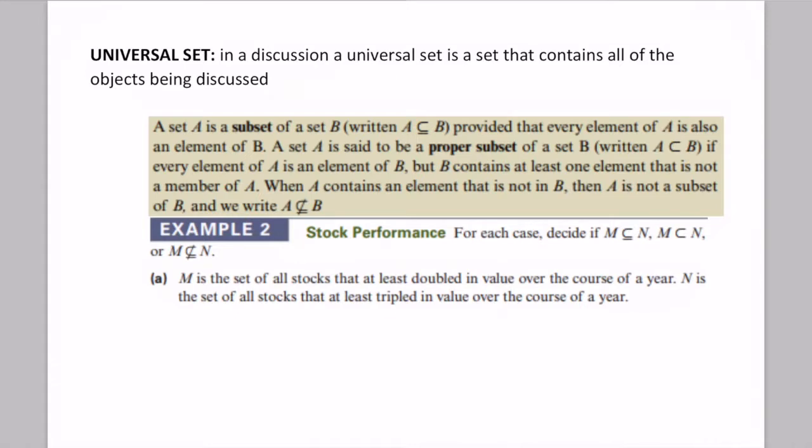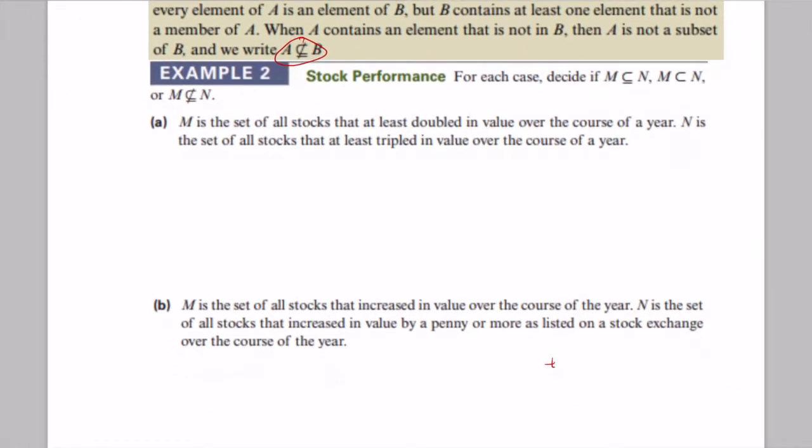A set A is a subset of a set B, written like this, provided that every element of A is also an element of B. A set A is said to be a proper subset of set B, written this way, if every element in A is an element of B, but B contains at least one element that is not a member of A. When A contains an element that is not in B, then A is not a subset of B, and we write like so.